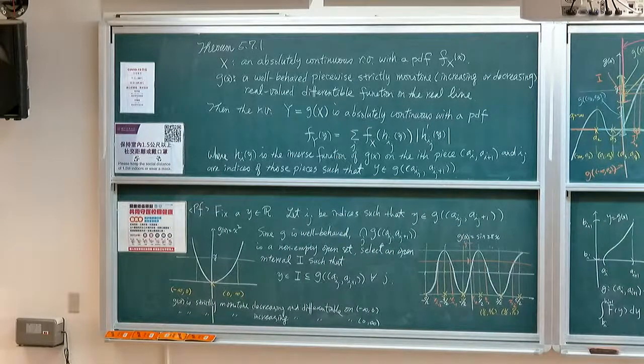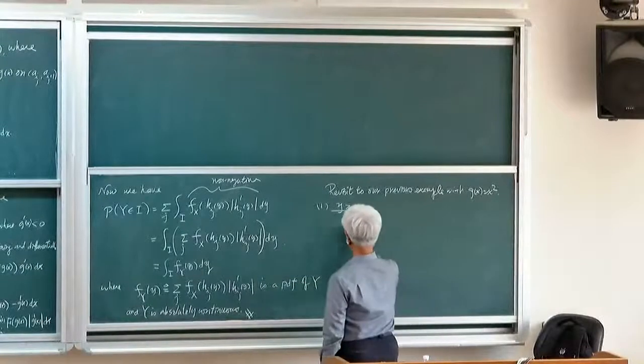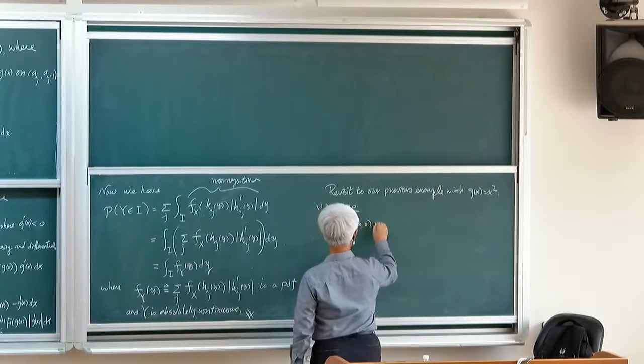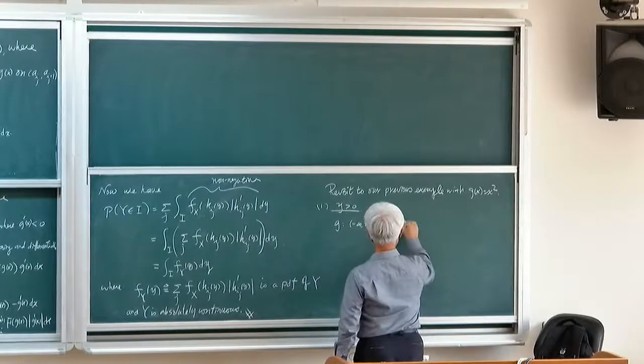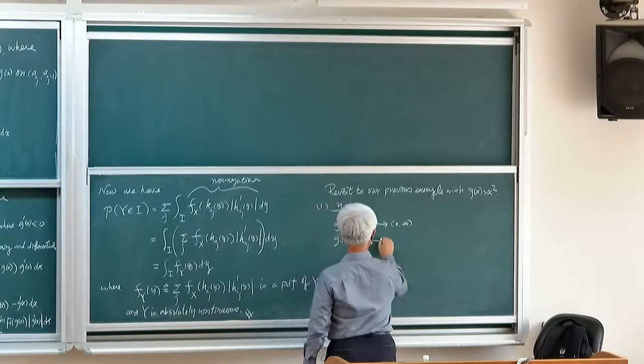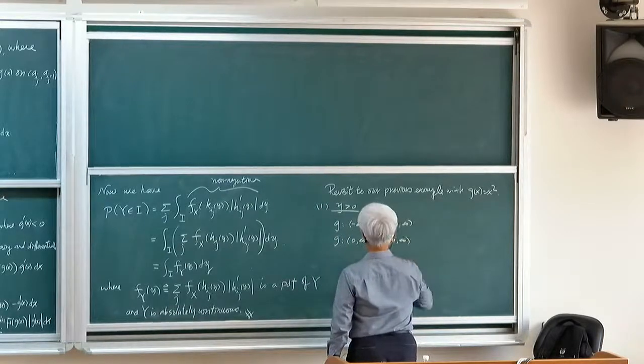So we know g maps from minus infinity to 0 onto 0 to infinity, and g on 0 to infinity goes to 0 to infinity.